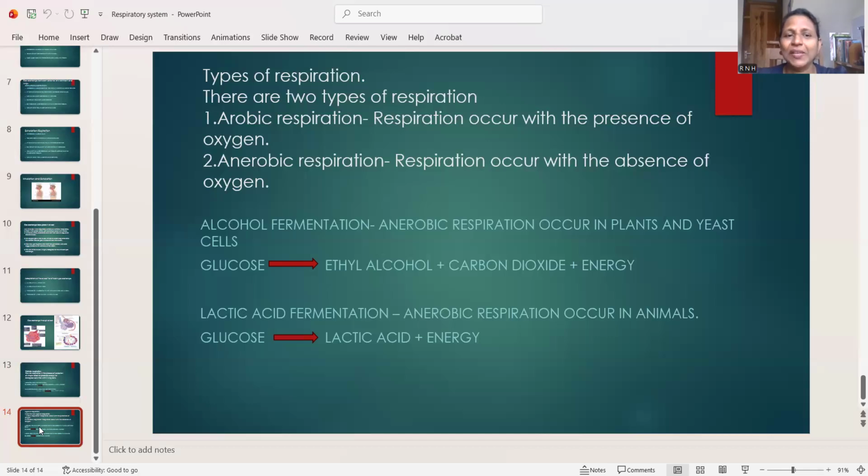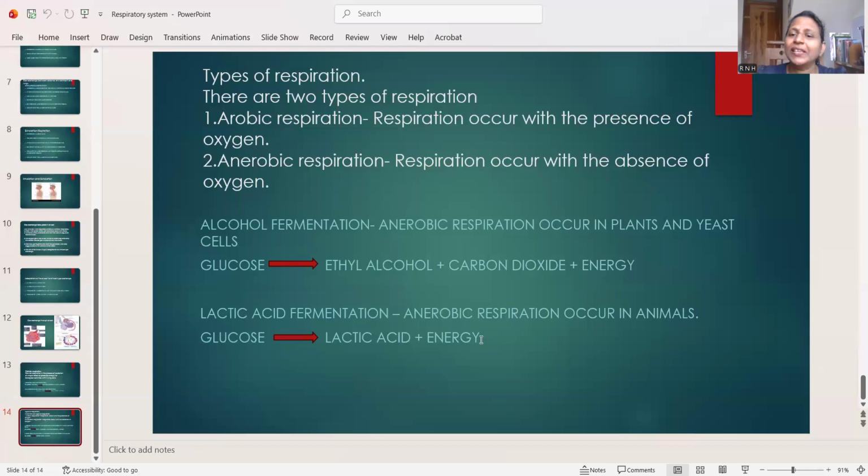When anaerobic respiration occurs in plants, we call it alcohol fermentation because ethyl alcohol is produced as a result of that reaction. So you can see the equation for anaerobic respiration occurring in plants as well as yeast cells. Glucose is directly broken down into ethyl alcohol, carbon dioxide, and energy.